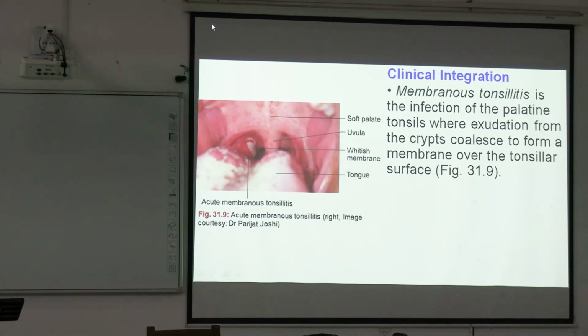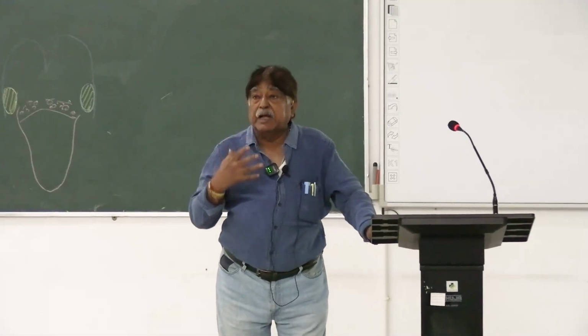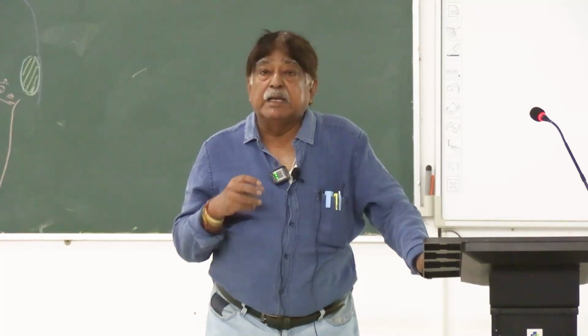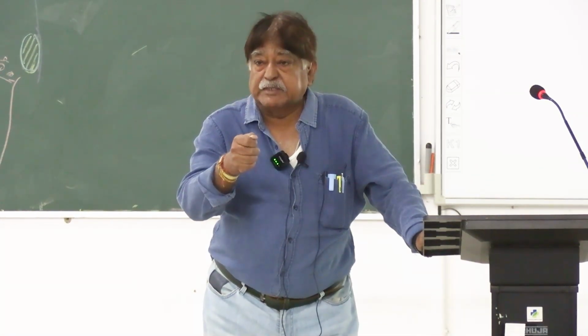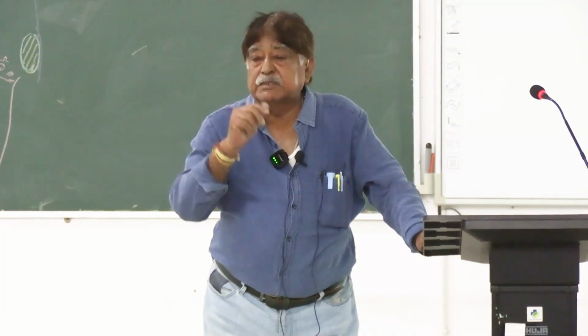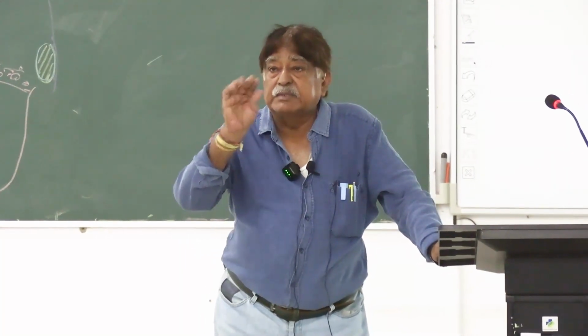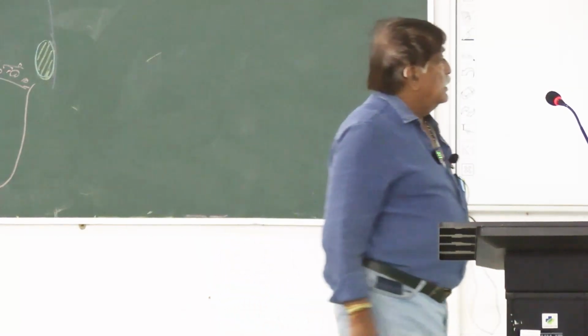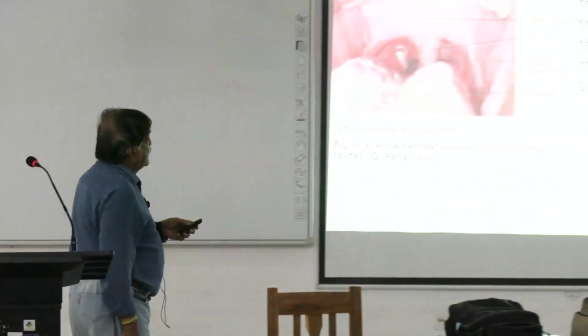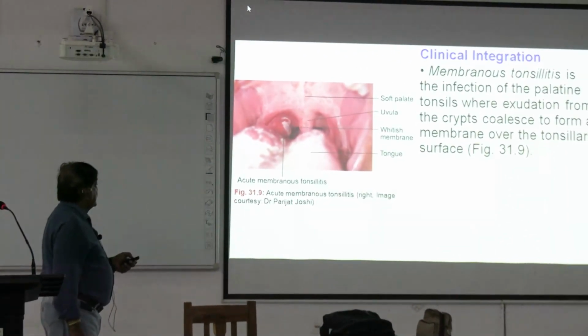The jugulodigastric nodes are enlarged and he cannot speak, and he even has some breathing problem. Then you examine with a tongue depressor and see the tonsils, and you will see that it is membrane covered, that means it is membranous tonsillitis, acute membranous tonsillitis.